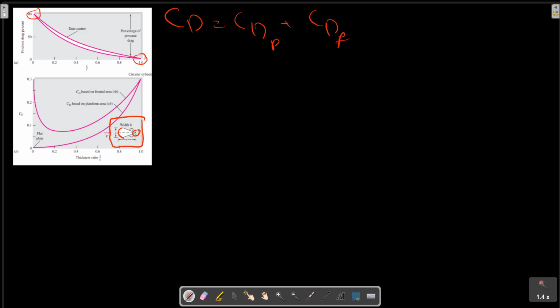Friction and pressure drag are about equal at thickness T on C equal to 0.25.